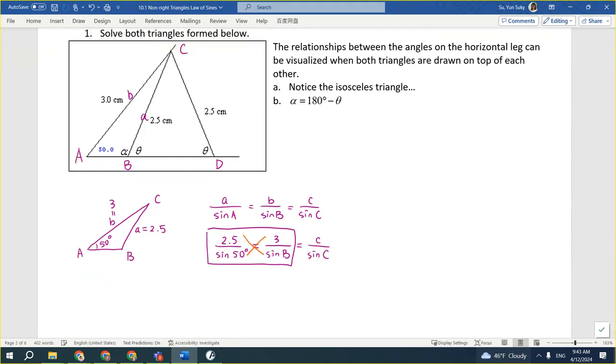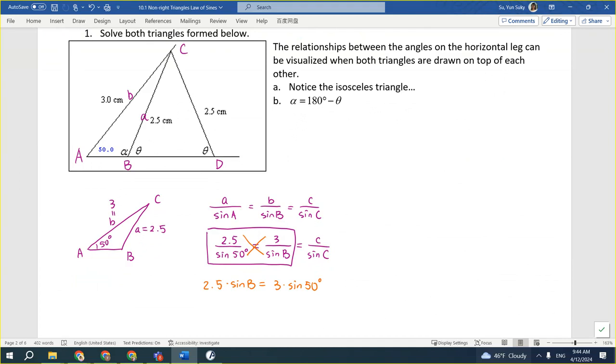By the way, in my solutions to your homework or exam, I forget whether I used sine A over A or A over sine A, but they are both equivalent. So cross multiply. I get what? 2.5 times sine B equals what? 3 times sine 50 degrees.